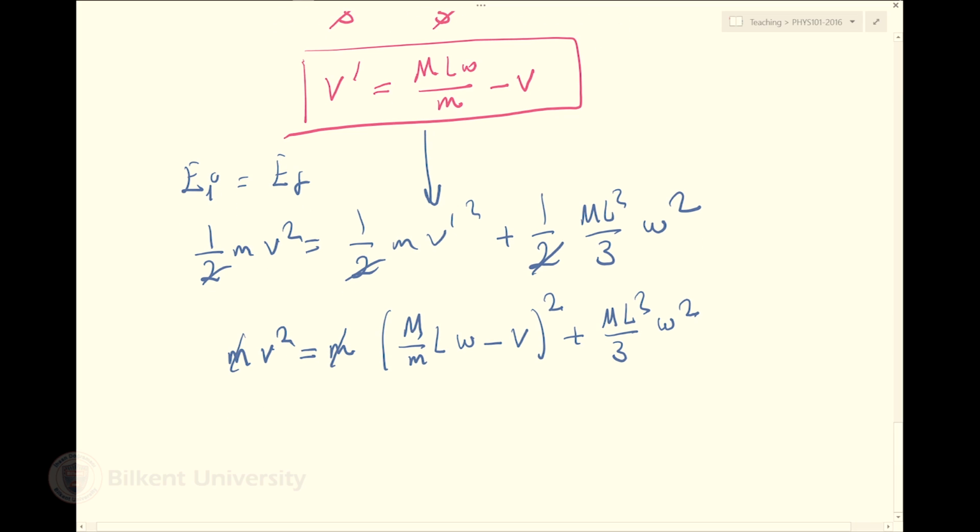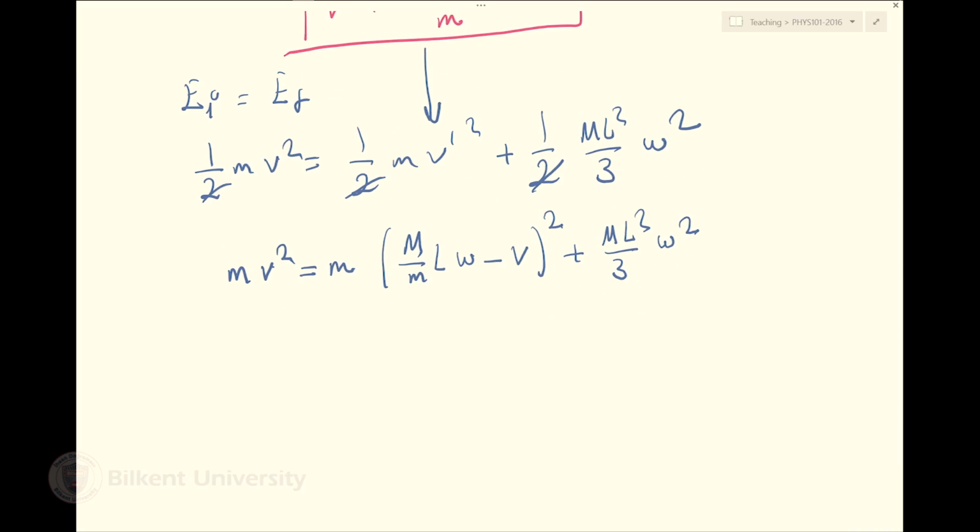Let's do that. So I have v squared equals M squared over small m squared L squared omega squared. Sorry? Oh, okay. So I canceled from the first two terms and added it to the third term. Okay, maybe let's just leave it like that.